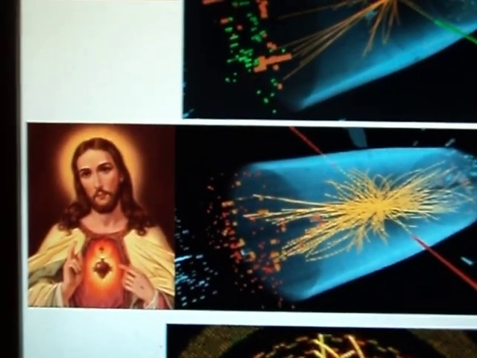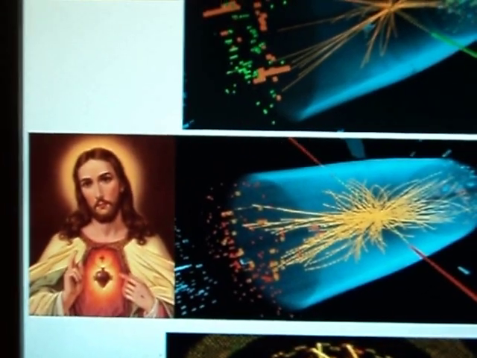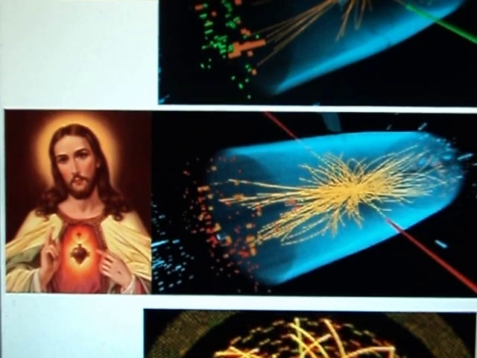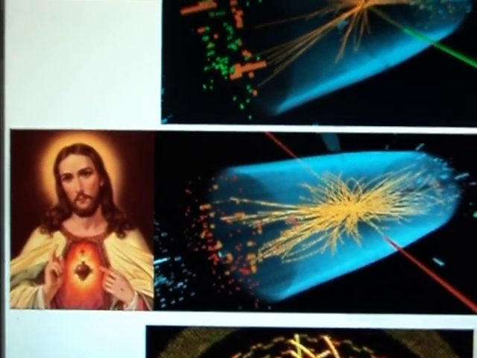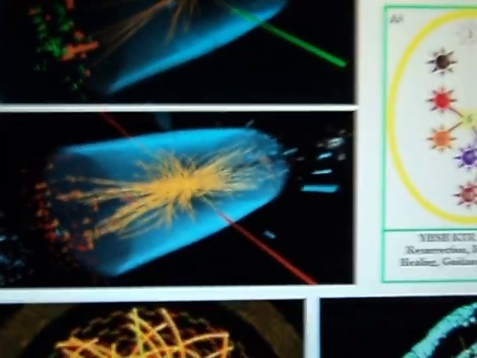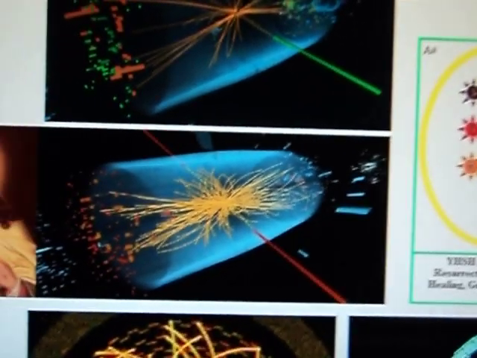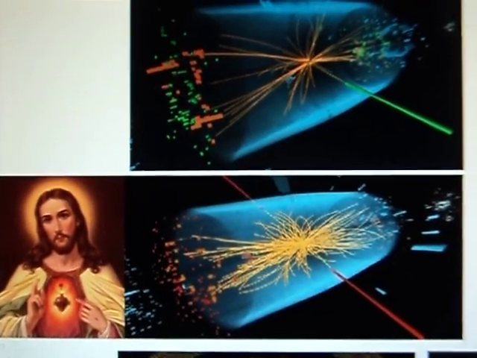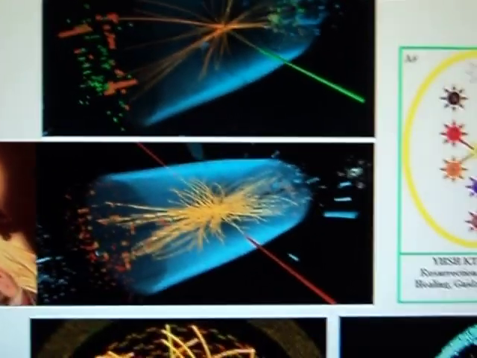And here's a picture of Jesus with his aura, and look how similar it looks to the orange of the God particle. It's like he took over the God particle, or should I say the creator particle, because it's involved with this reality. So yeah.